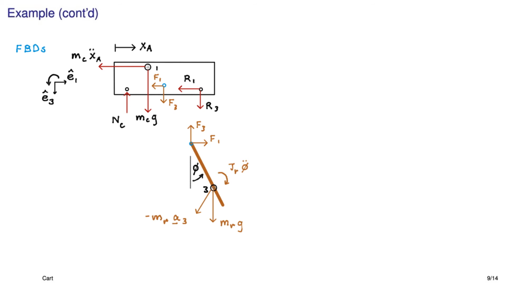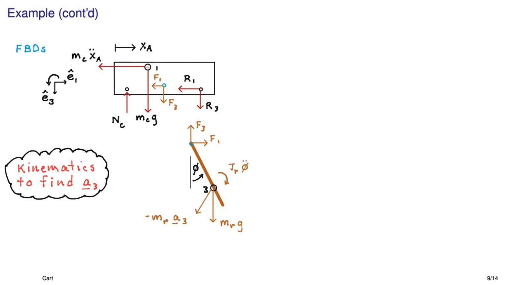We're going to have to come up with that through some kinematics analysis. And what we'll do is call that acceleration vector A3 as having two components, A31 and A33. So the second number in the subscript is indicating what axis that acceleration is in.